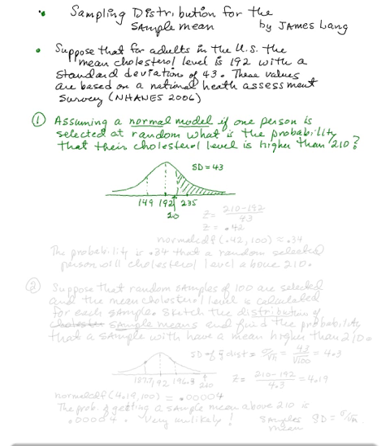So to find the probability, we first have to find the z-score. The z-score will be 210, take away 192, divided by 43. So the z-score is about 0.42418. So I'll round it off to 0.42.